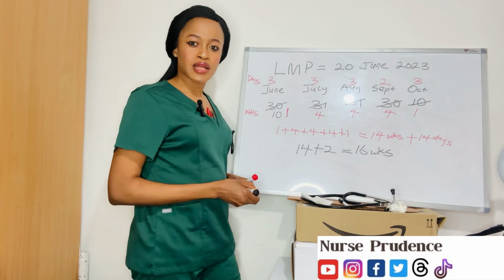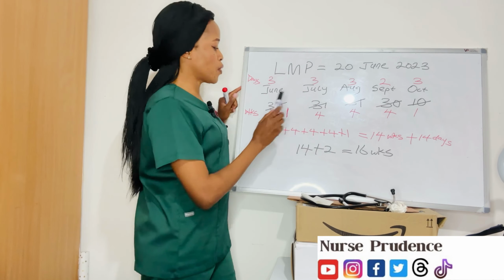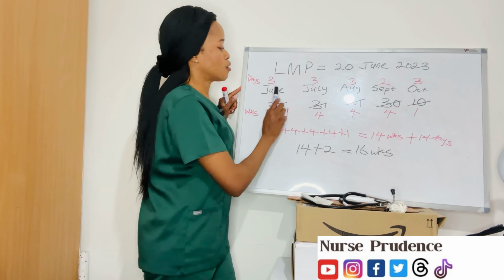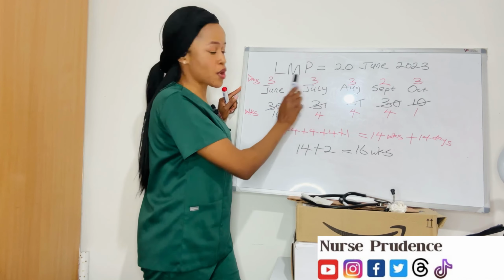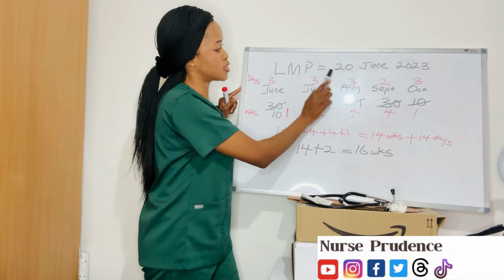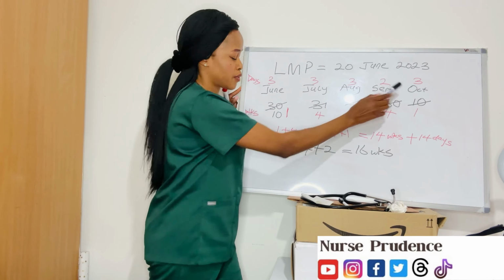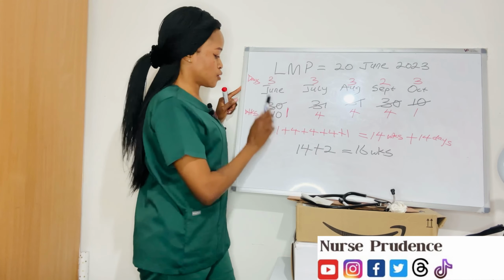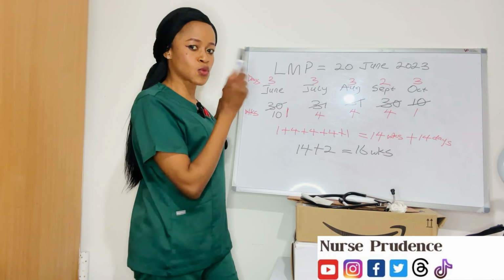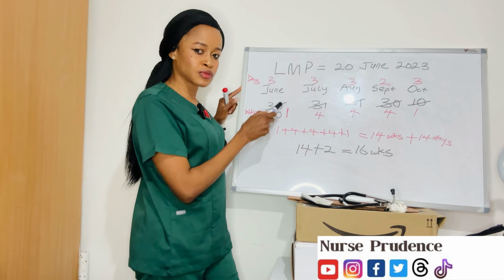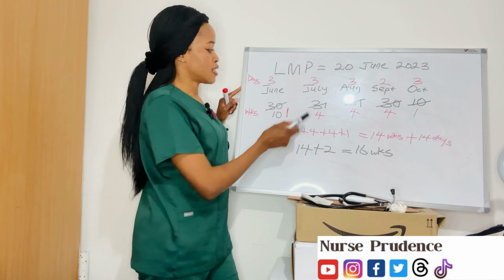Another method you can do is when you get your last menstrual period, like this 28th of June 2023, you now write June 10th because you minus 28 from the 30 days in June and you will get 2.